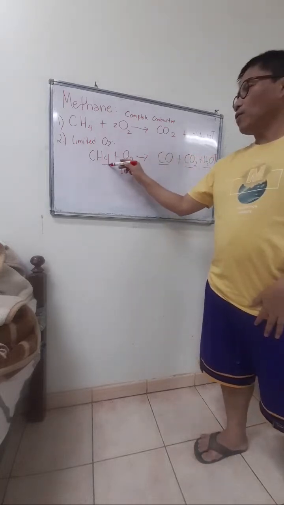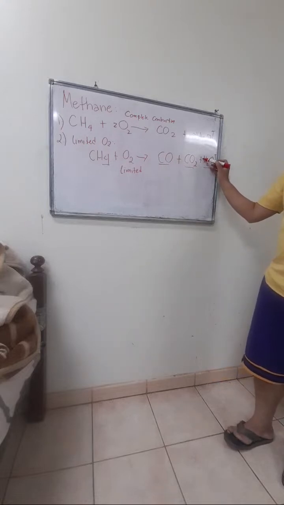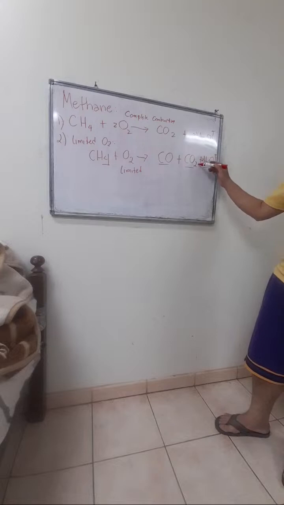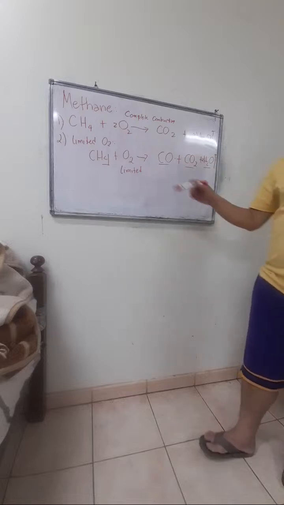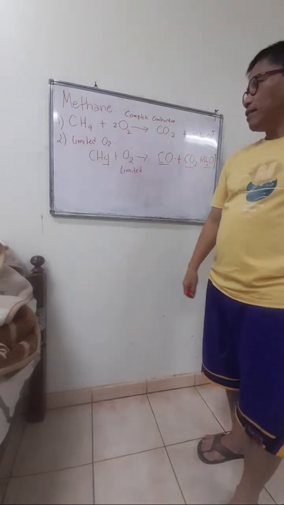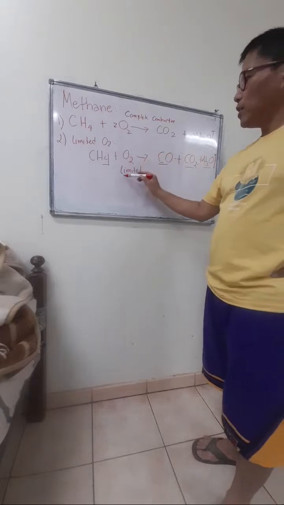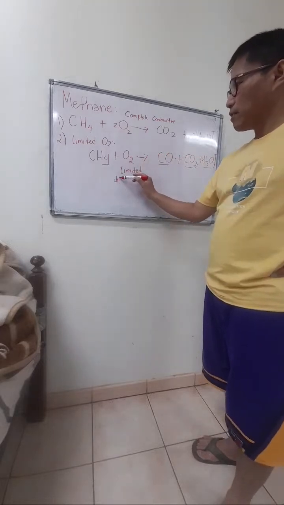Hydrogen 4, so you have to put 2 here. Oxygen: 2, 4, 5. Here only 2, so this side is deficient of oxygen, right?